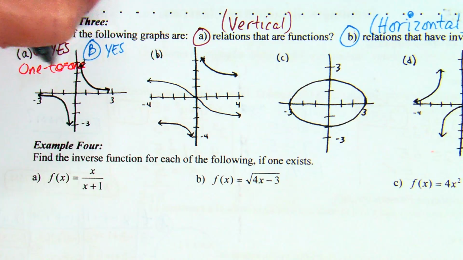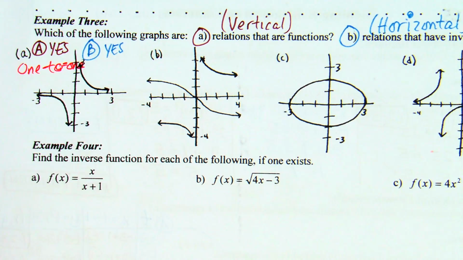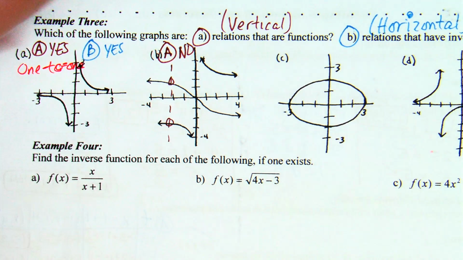Are you ready for graph B? Question A, is this graph an example of a function? No, because it fails the vertical line test. So no, it's not a function. Does this relation have an inverse?